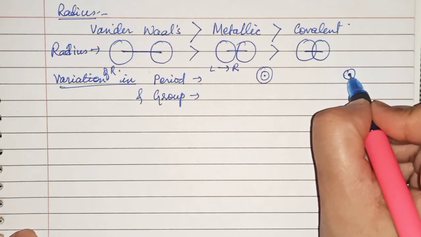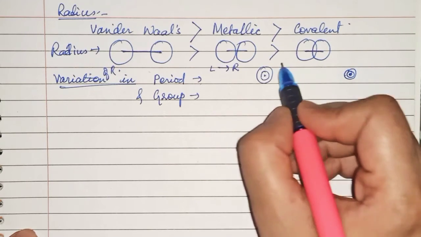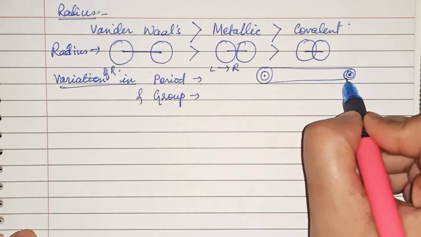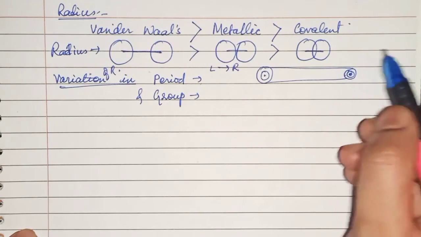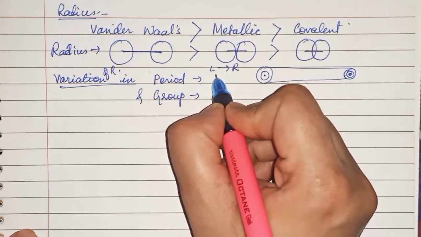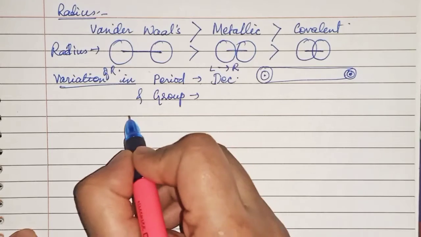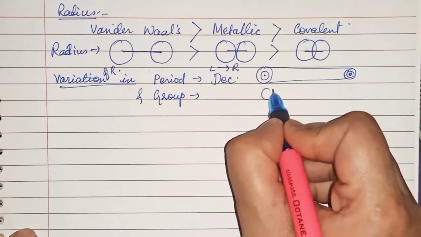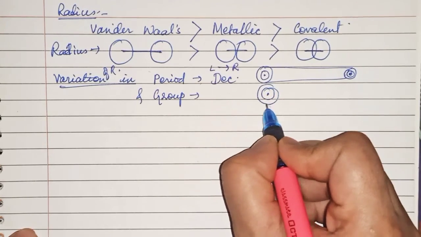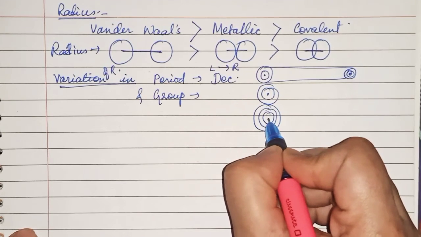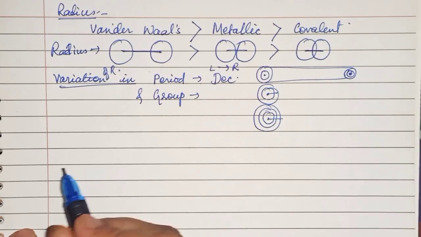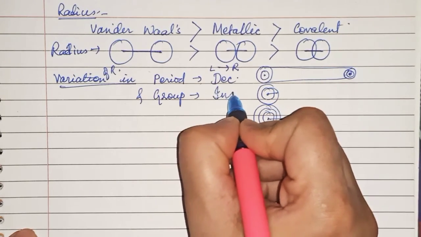So at the last you will see that the size is decreasing and nuclear charge is increasing. So in the period, radius will decrease. In the group, if you are moving down the group, the number of shells is increasing. So you can see that the radius is increasing.